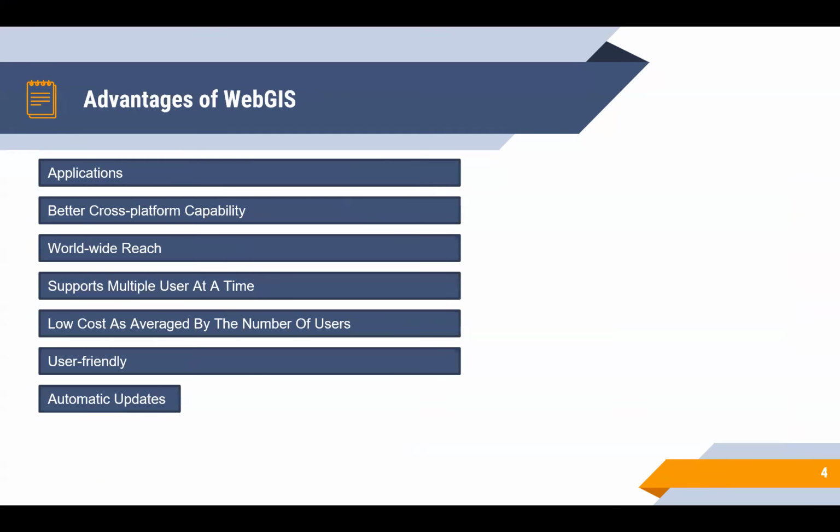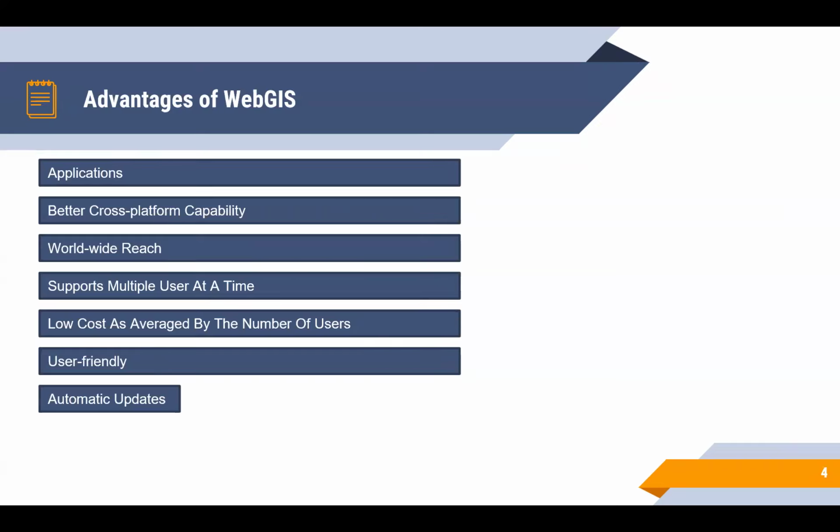Now, what are the advantages of WebGIS we will get once we develop a WebGIS application? First is the applications, second is better cross-platform capability, third is worldwide reach, support for multiple users at a time, low cost averaged by the number of users, user friendly, and automatic updates.